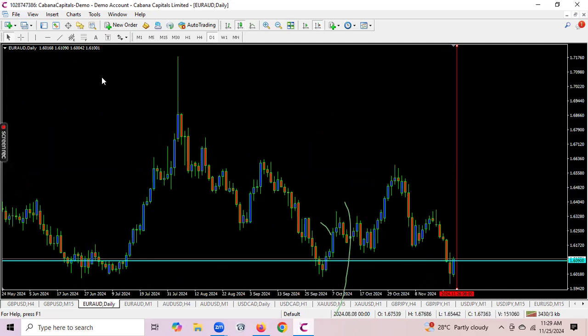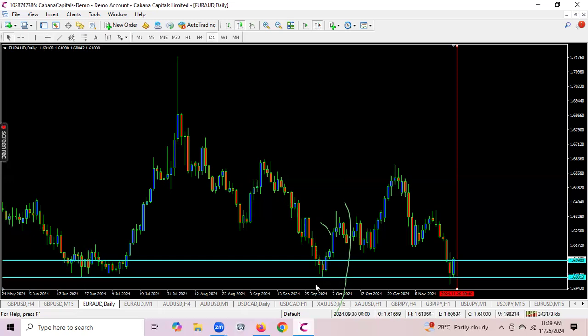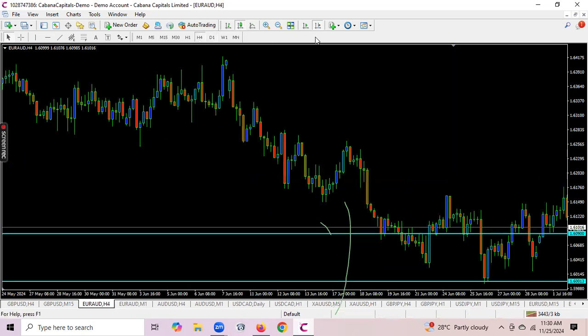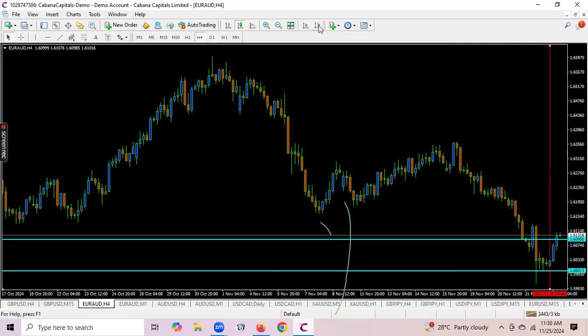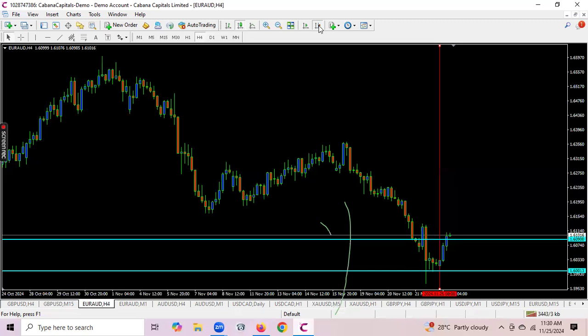The second reason is that you can see what played out here. The liquidity resting at this previous low was cleared. After the close of this candle, after the cleared liquidity resting at the previous low, you go down to the 4 hour time frame, and you are likely going to be able to identify a bullish reversal pattern.